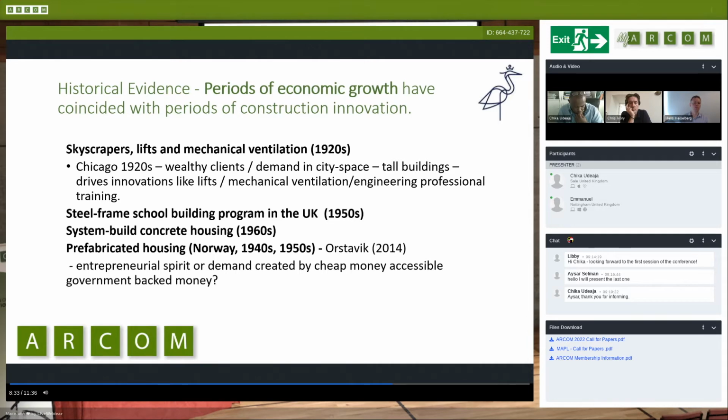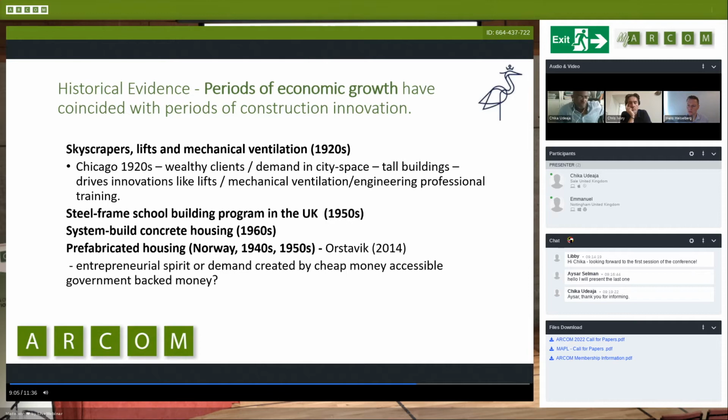And Finn's argument here is that this was driven by entrepreneurial spirit, if you like, by the innovator entrepreneur who pushed prefabricated housing past all of the institutional resistance that he found in the Norwegian construction industry and regulatory bodies, etc., etc. But you can also tell another story there, because it's also clear that this entrepreneur was taking advantage of clear economic growth that was going on at the same time.